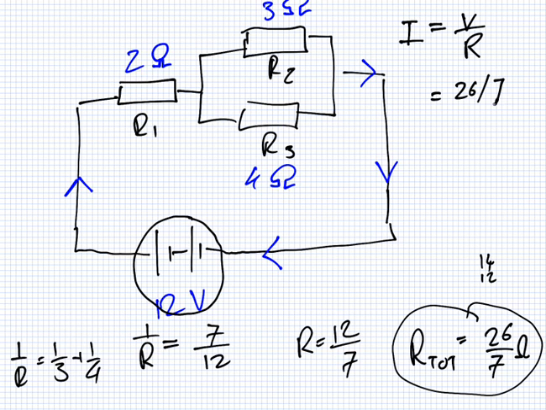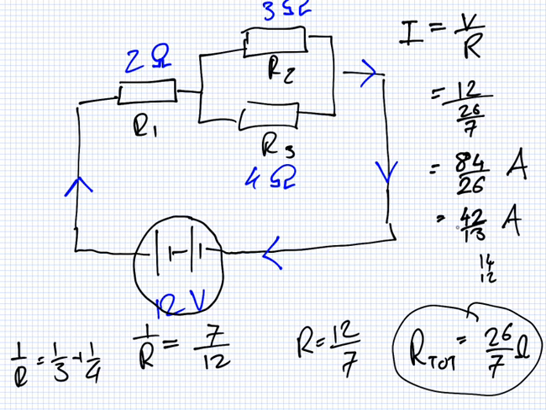So R equals 12 over 7 for these two. Then if I add it together with 2, I get R total is 26 over 7 ohms. So that's the total resistance.